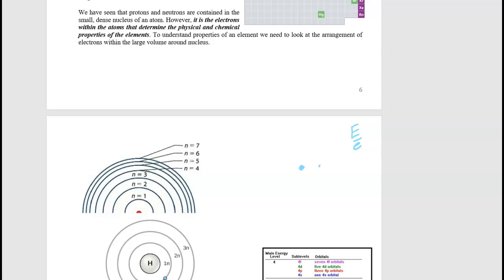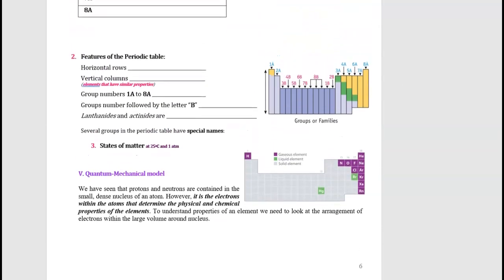This diagram shows you the visualization of how levels can be located compared to the nucleus. Just like the number of periods in the periodic table, which are 7: 1, 2, 3, 4, 5, 6, 7.